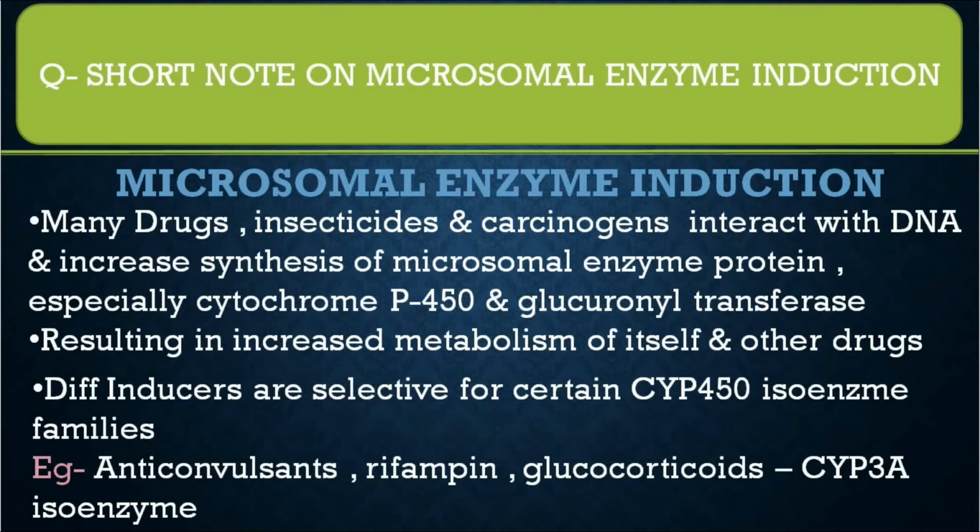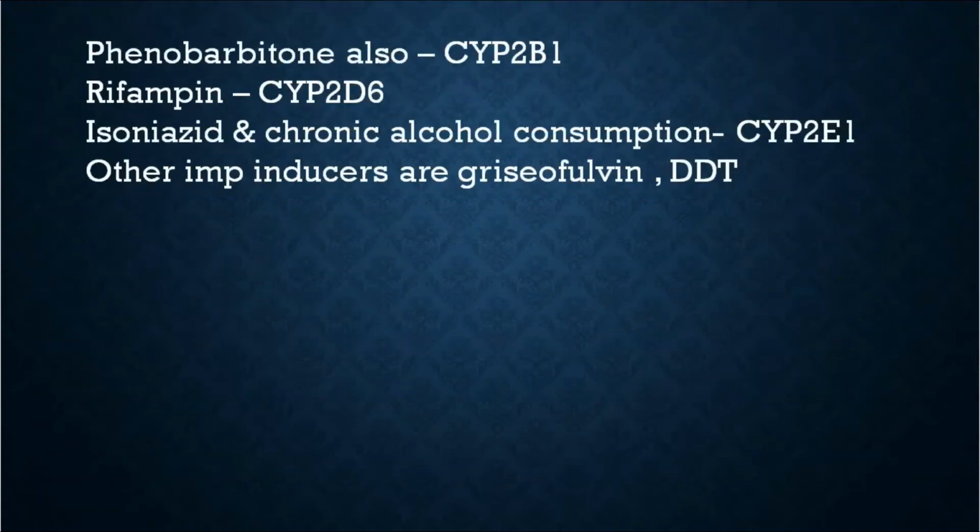Example: anticonvulsants, glucocorticoids: CYP3A isoenzyme. Chronic alcohol consumption: CYP2E1.